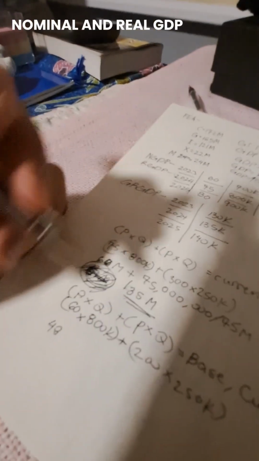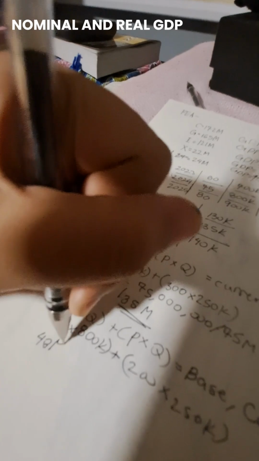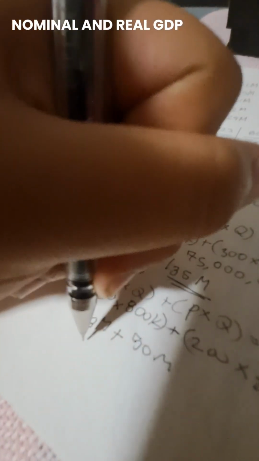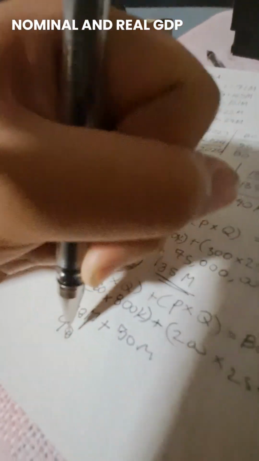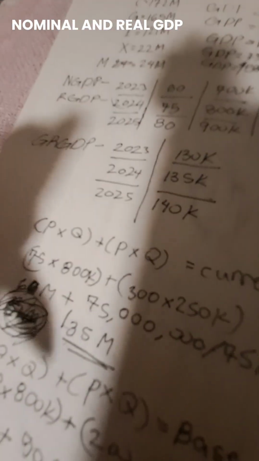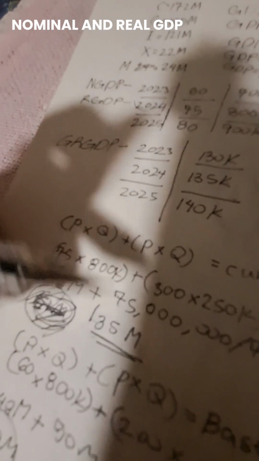So back to this. Again, 48 million plus 50 million. You just plus that together, which is 98 million. It's your answer for real GDP. So again, sorry, this is really 135 million. I'm sorry guys.